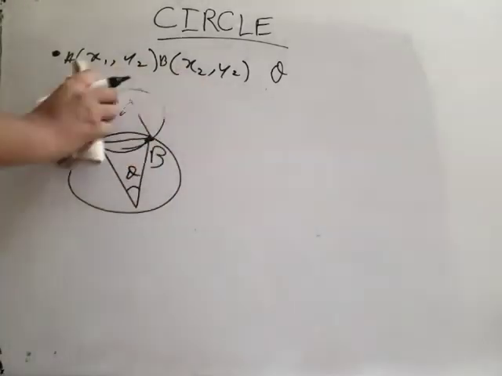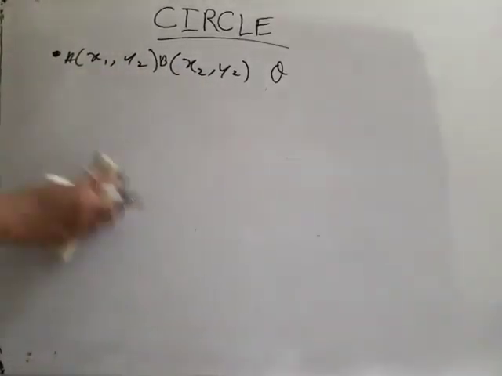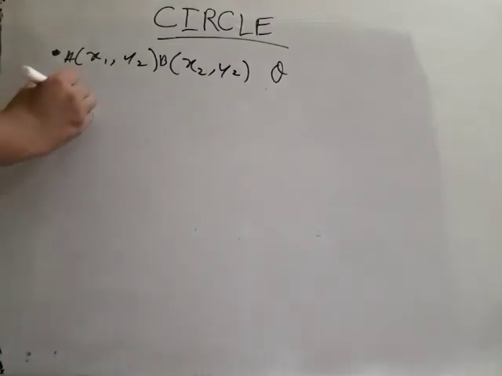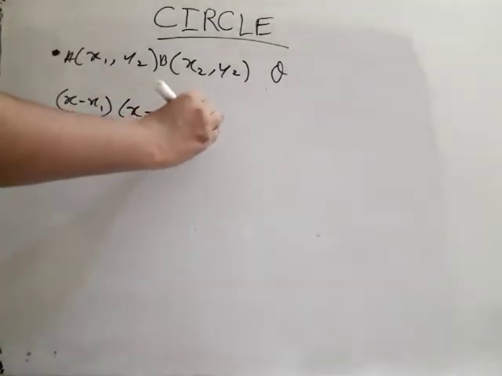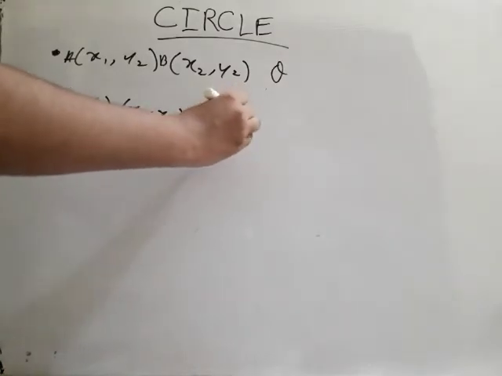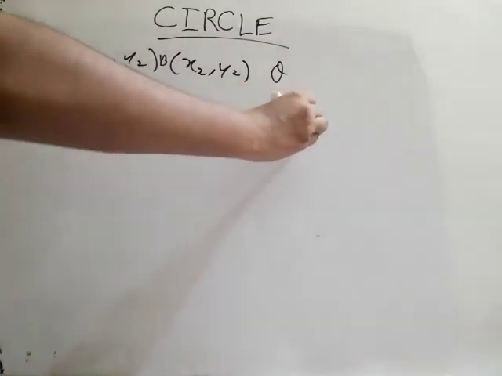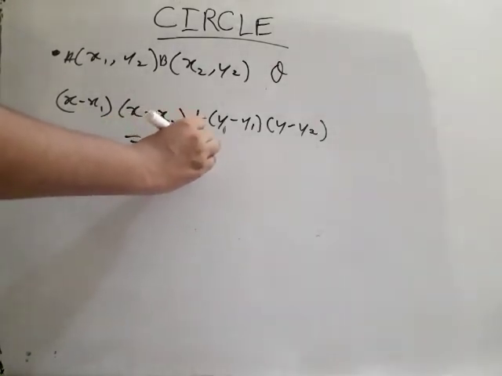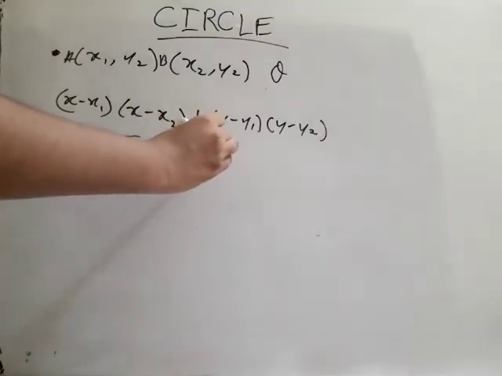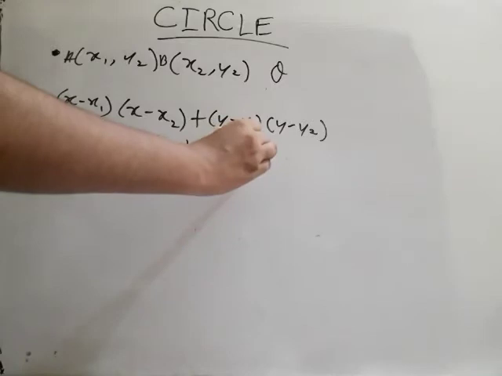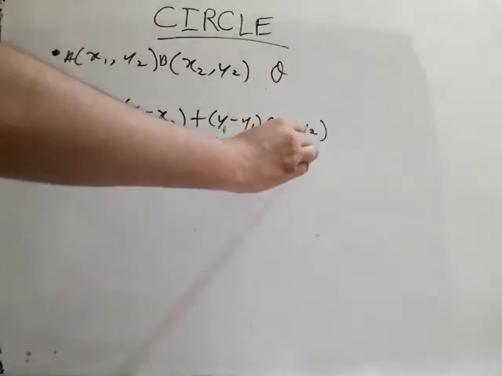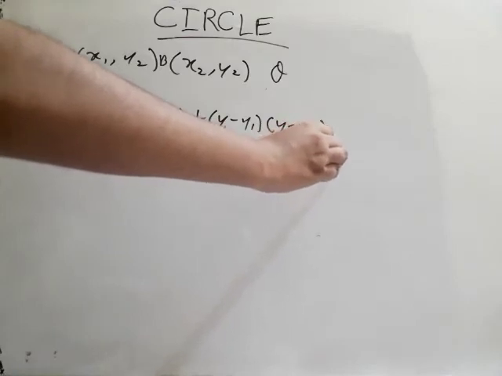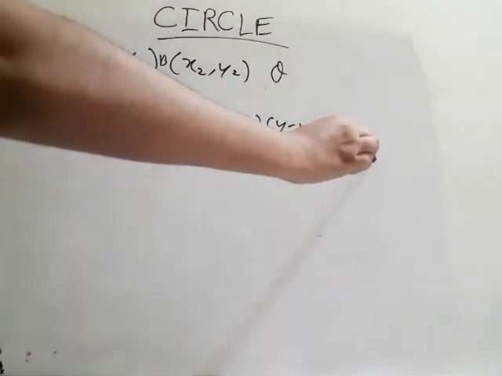So let us find the equation. The equation will be given by x minus x1 into x minus x2 plus y minus y1 into y minus y2 equal to plus minus cot theta multiplied by y minus y1 into x minus x2 minus of x minus x1 into y minus y2.